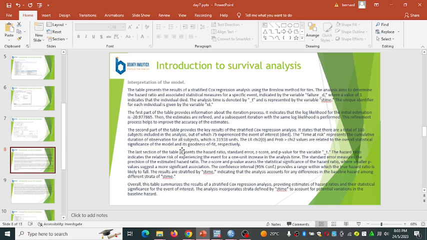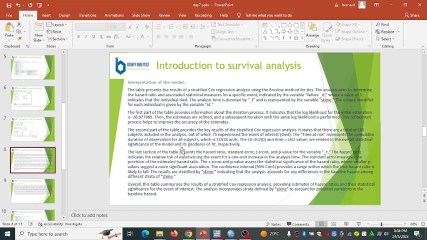So the analysis basically aims to determine the hazard ratio and associated statistical measures for a specific event indicated by the variable failure, where a value of 1 indicates that the individual died. The time is denoted by t and is represented by the variable stime. The unique identifier for each individual is given by the variable id.